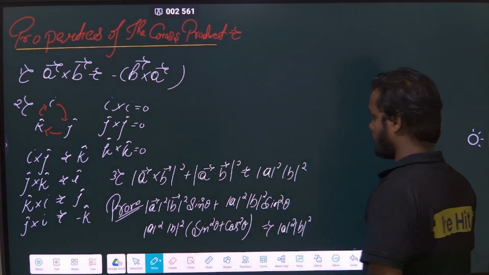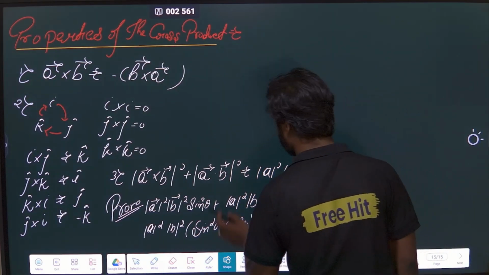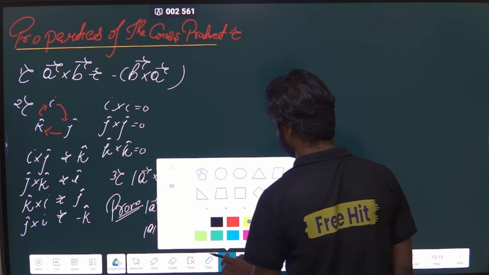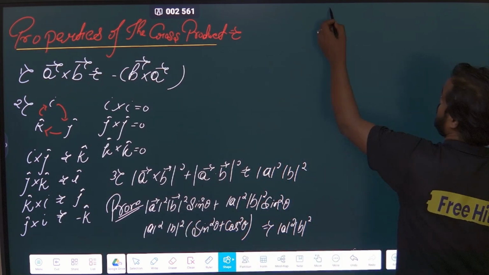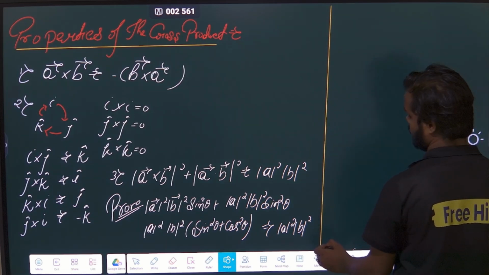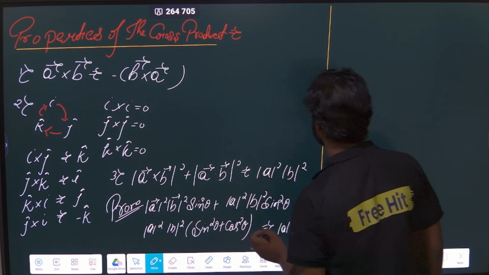Now let us understand one very important property. It is not a property of a cross product. It is a general concept. I will explain it with the help of one example also. What is that concept?